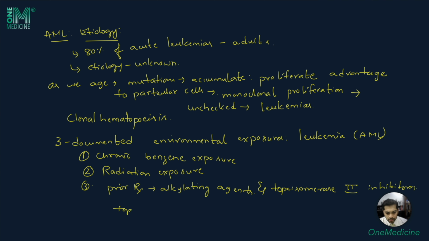Examples of topoisomerase 2 inhibitors include doxorubicin and etoposide.